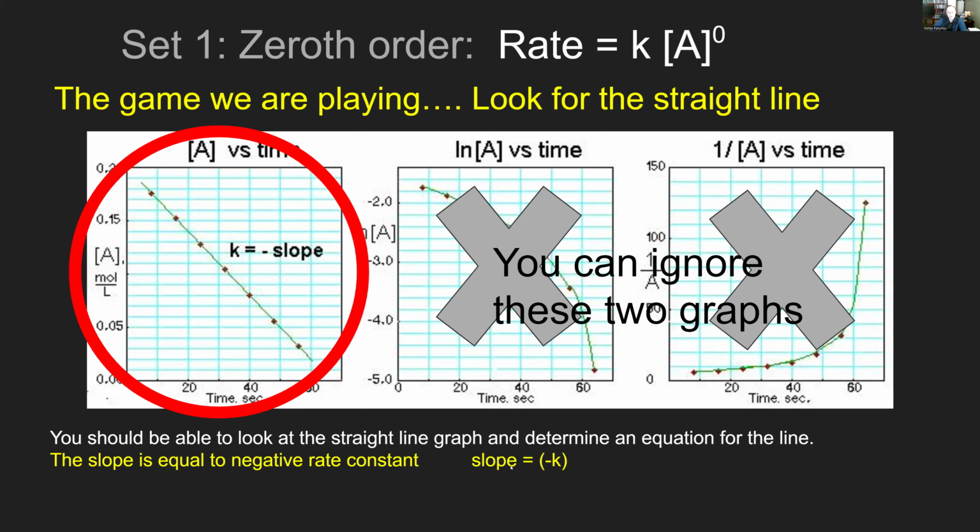Or for that matter, if you're looking down here, slope is equal to minus k, which literally means if the College Board or any other test or quiz gives you any other graphs for, let's say, natural log of concentration versus time or 1 over the concentration versus time, you can just ignore them flat out. Don't even have to pay attention to them at all. The only thing you will need is the concentration versus time graph if the concentration versus time is a straight line.